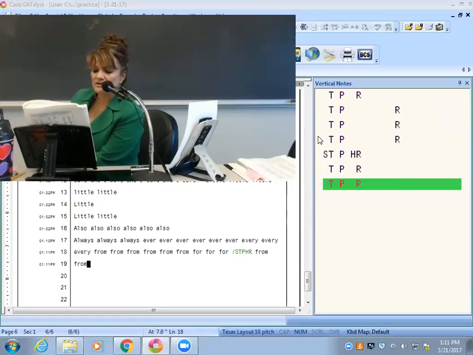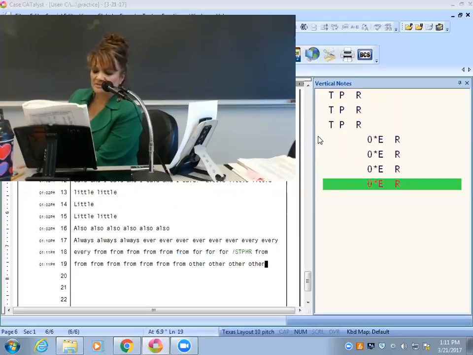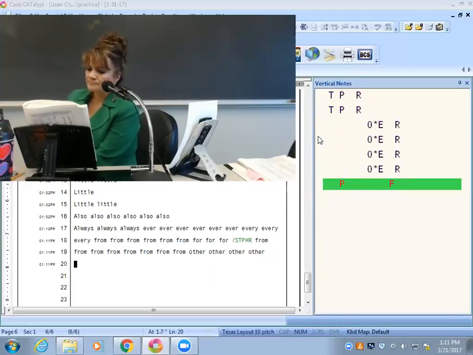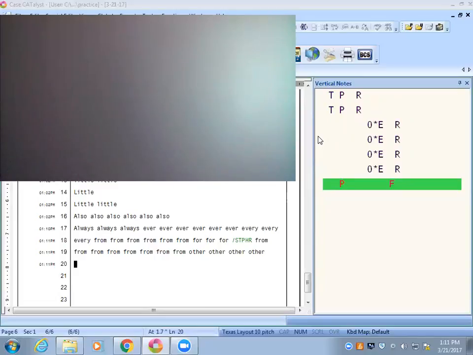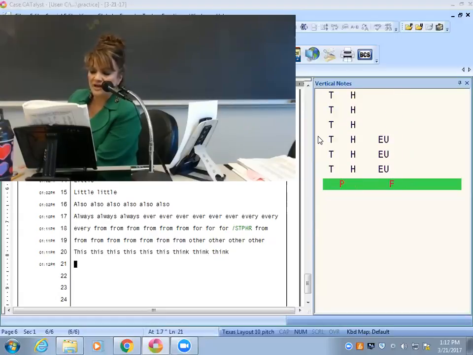But from starts with an FR, so it's FR. And then other has to have an asterisk in it because of the TH. So that's your TH, if you can think of the asterisk like that. And then this, I'm thinking this is just TH because it's short. It's just four letters. Think, THI, a little longer, so you put the I in.